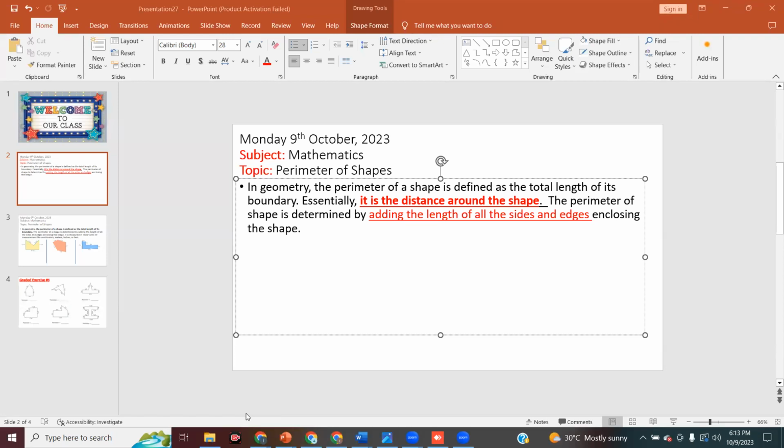Is it the distance? Kiajane Beta, the perimeter is the distance around the shape. Very good. And how can we find the perimeter? You can find the perimeter by adding the length of all sides and edges. Very good.